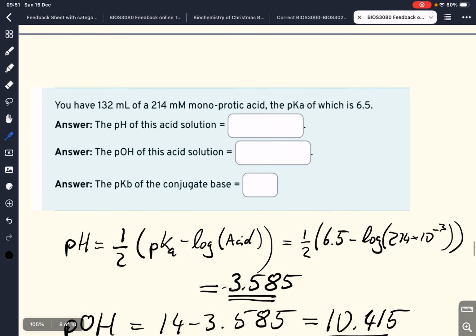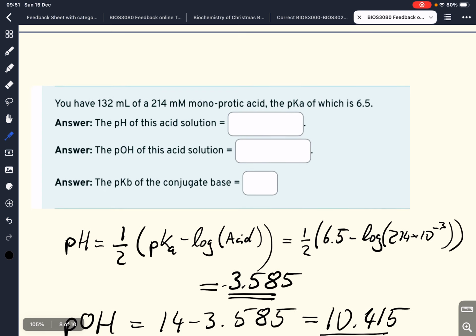Okay, so in the next question, we have been asked to use another pH calculation. So we've got a certain volume, but the volume actually doesn't play any role in it. It could be any volume, because the volume does not go into the pH calculation.